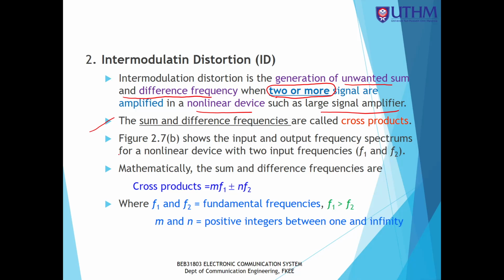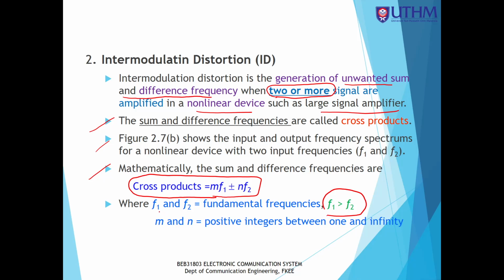In figure B, the cross product is measured as mF1 plus minus nF2, and the first frequency F1 must be more than F2. Why? Because we don't want to produce negative frequency, because negative frequency does not exist. So you must make sure that F1 is larger than F2.